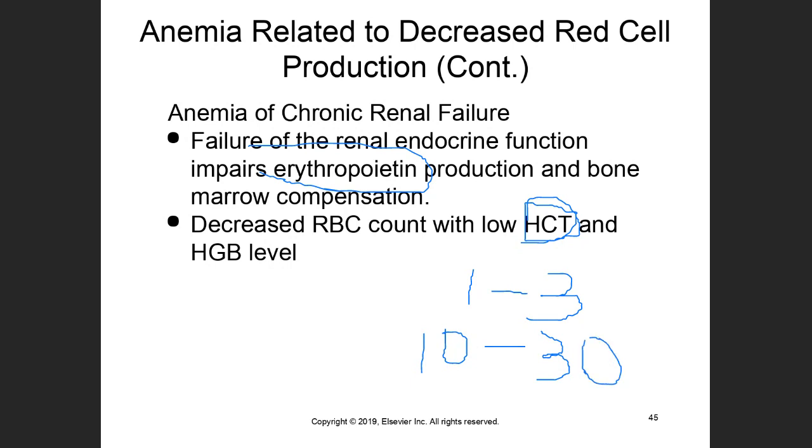That's the proportion, okay? You have to know that, because sometimes in the CBC they only report the hematocrit. That's in some questions. In real life, they always put everything.